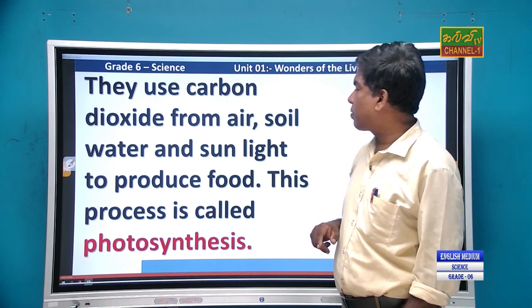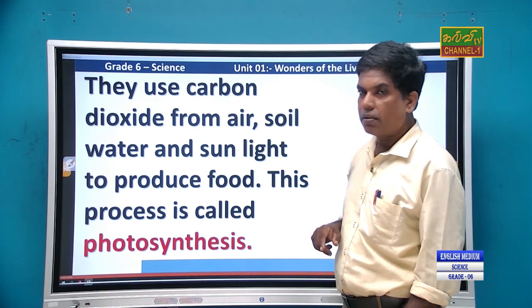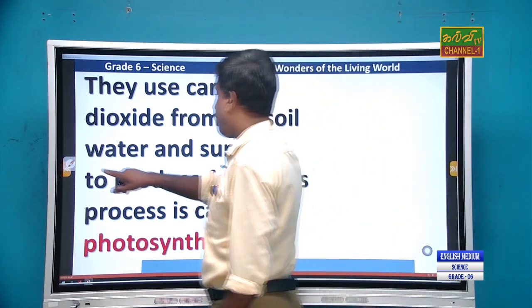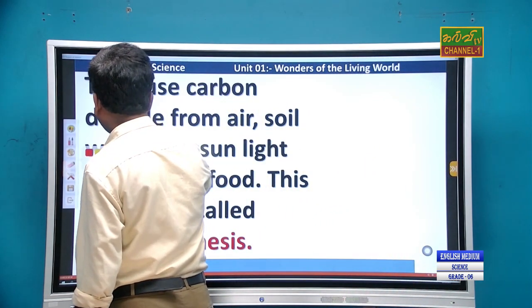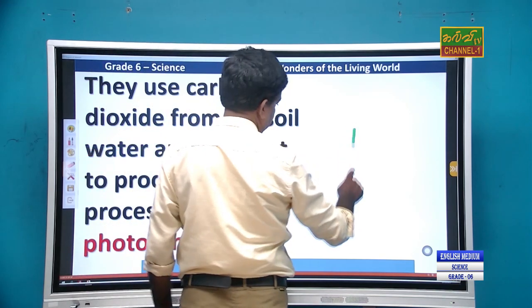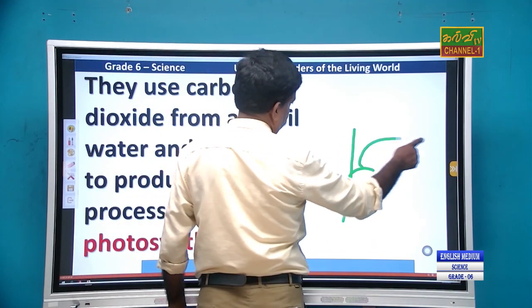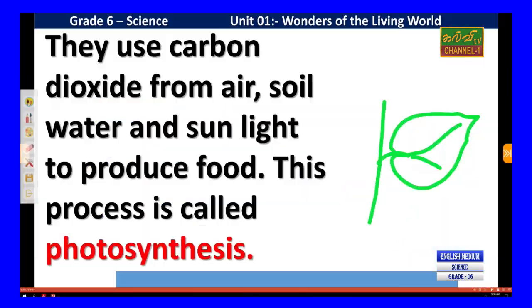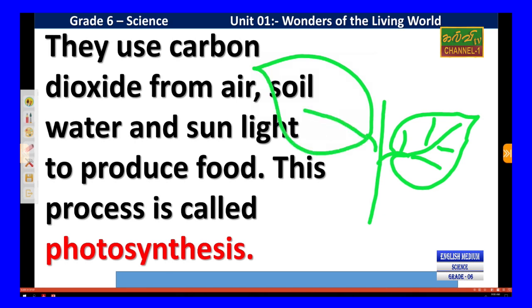They use carbon dioxide from air. The organism as a plant, the leaf, carbon dioxide, that is a gas.